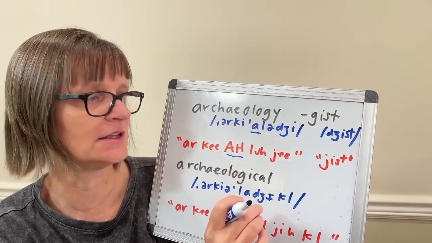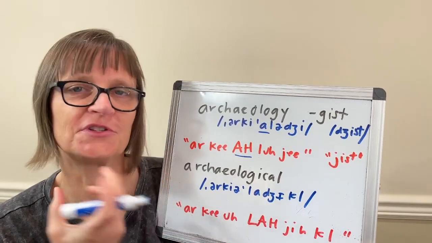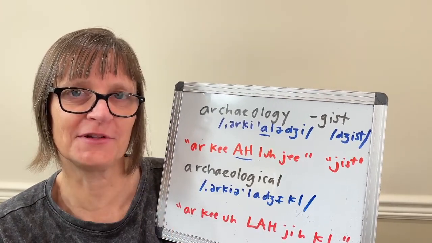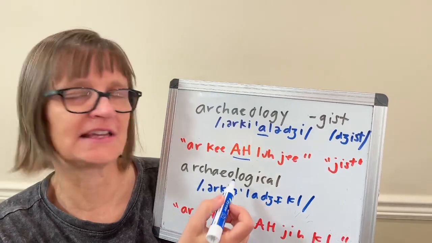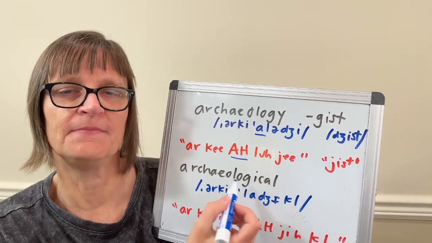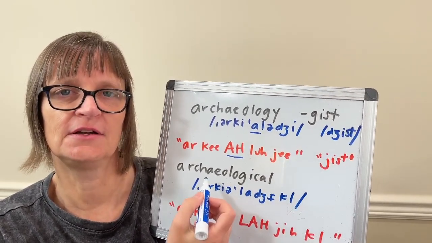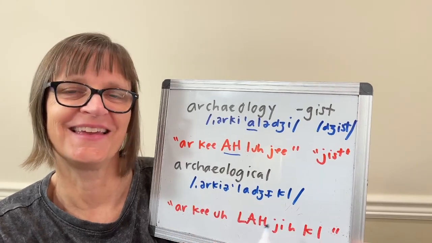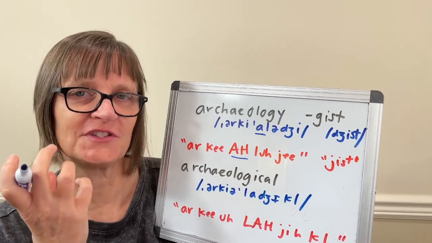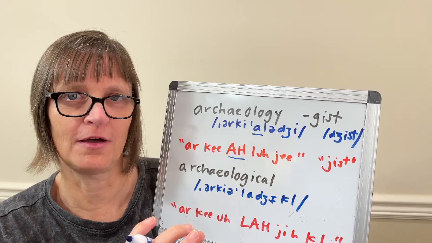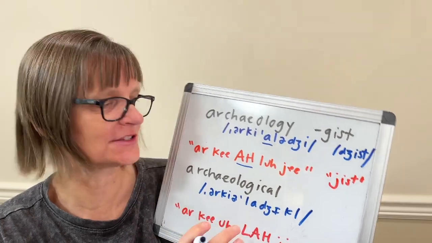Archaeology. It can really help to start on that stressed syllable and then build back. If you did that, it would sound like ology, archaeology. That can help your brain focus in on and accurately say that stressed syllable.